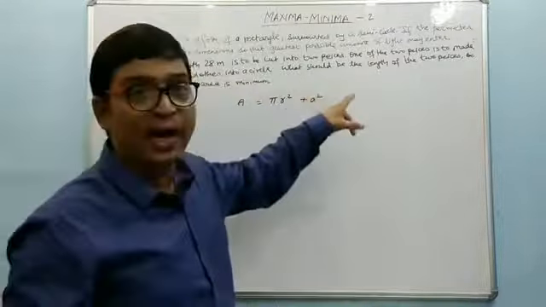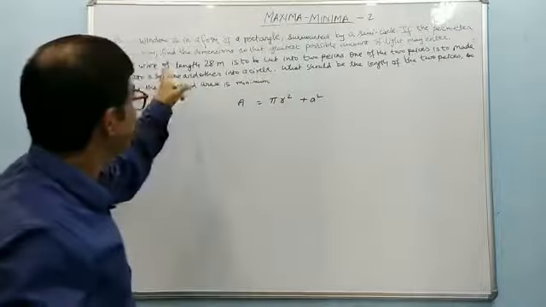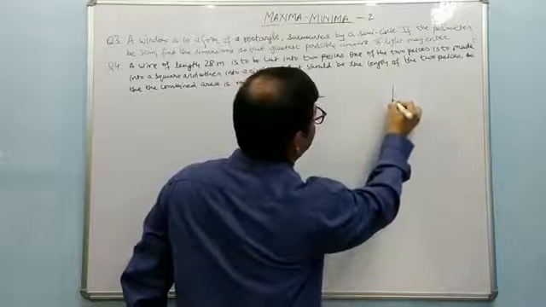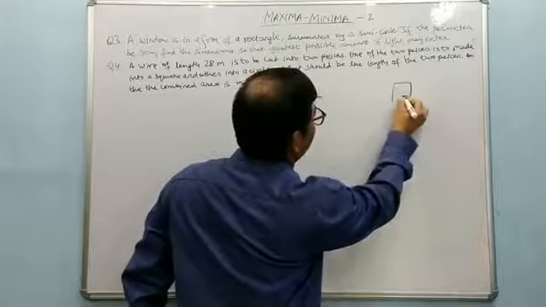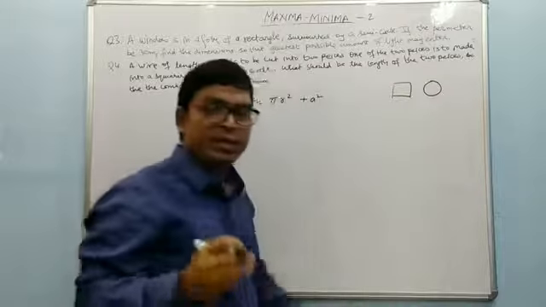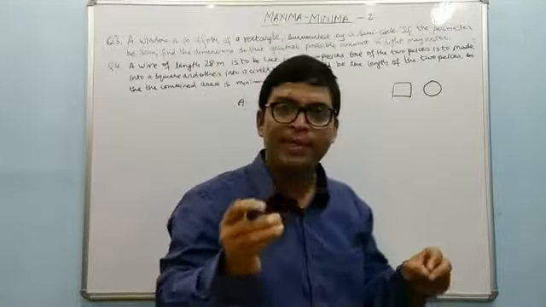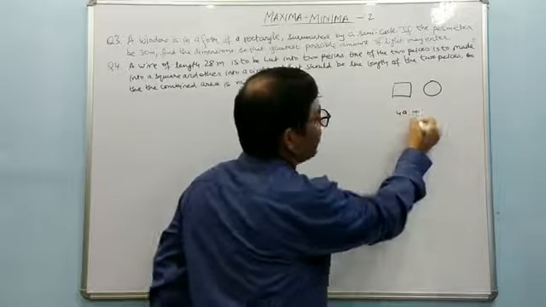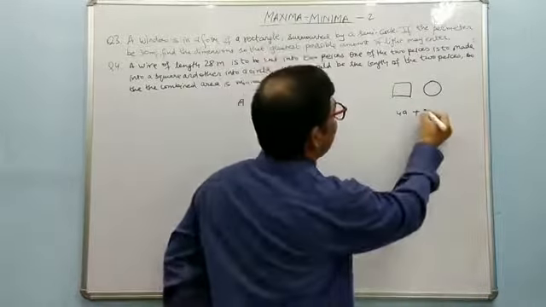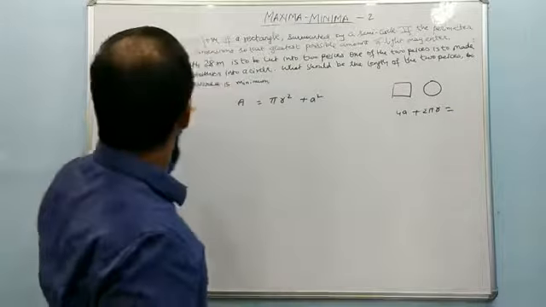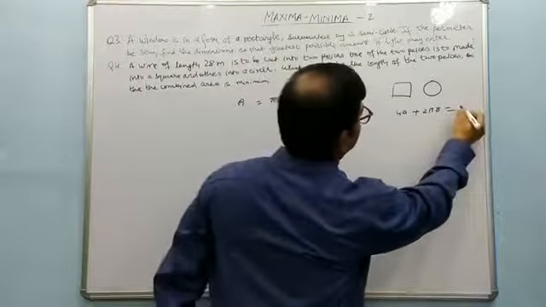Now we have to convert it into a single variable, so we will take help of the given information. The given thing is that the total length is 28. What does the total length mean? The total length of the square piece plus the total length of the circle piece. The length of the square piece is obviously 4a, and that of the circular piece is 2 pi r. That complete thing is given as 28.